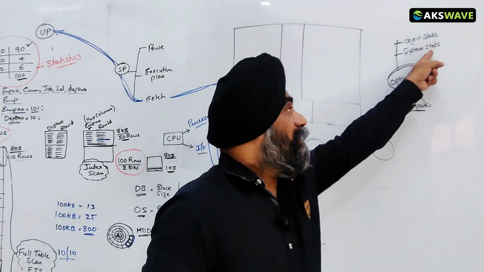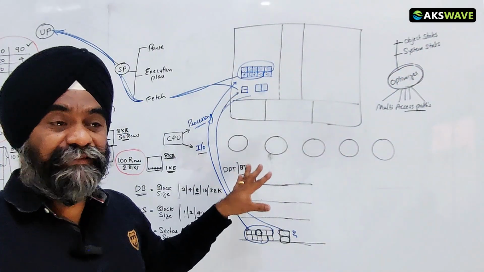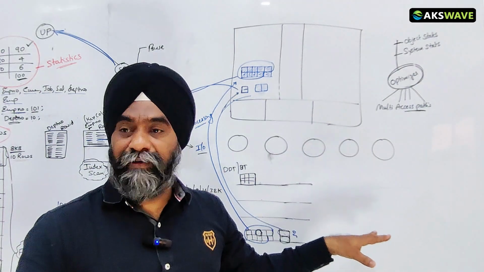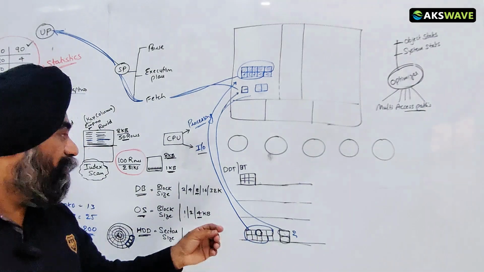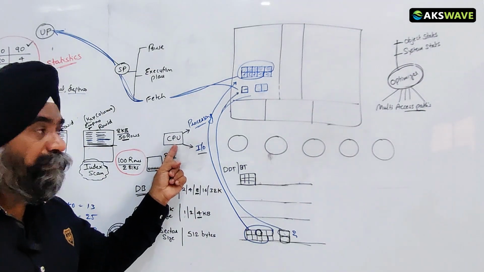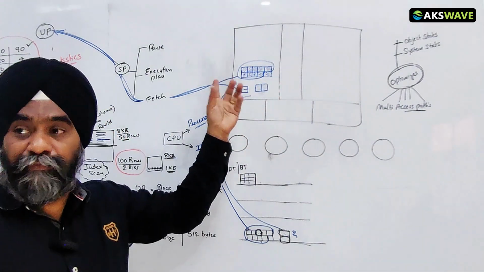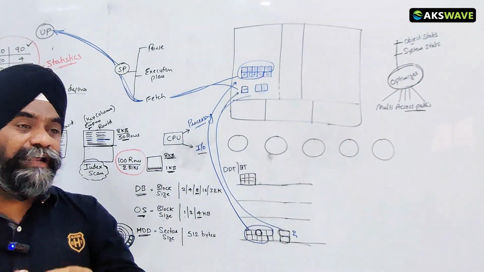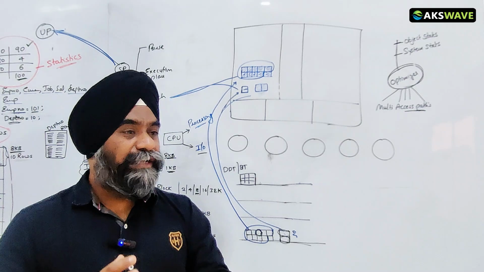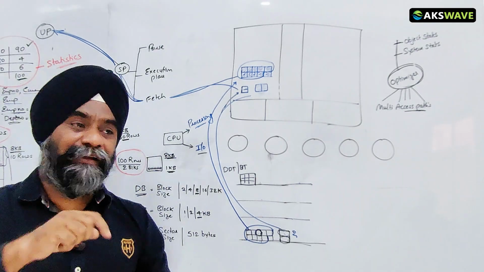Your system statistics, what is that? Your system is nothing but your server. The database is running inside a server, and the database uses memory area, CPU, memory, and the number of IOs happening. All these calculations are really important to make a decision.